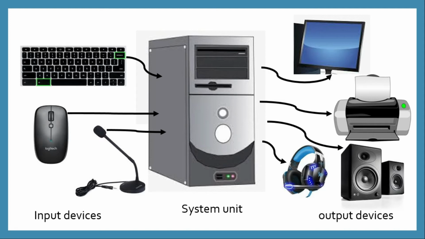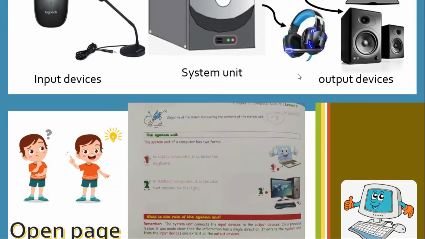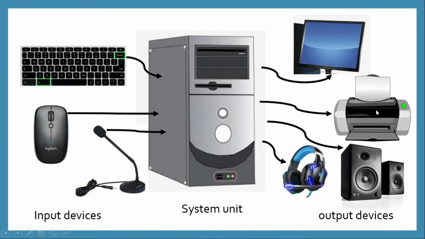Don't forget, this is very important information. The system unit, what does it do? It saves information inside it and does processing for the information or data. What does the keyboard do? We write with the keyboard, the text enters inside the computer case or system unit, and after that it goes out to the screen or the printer.